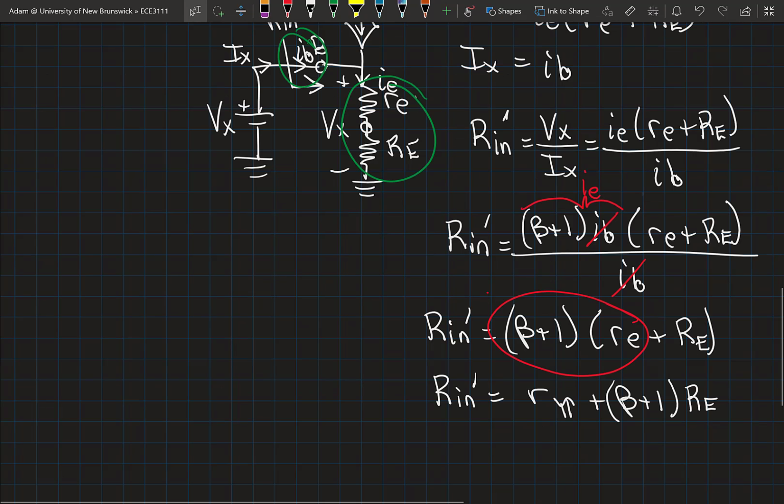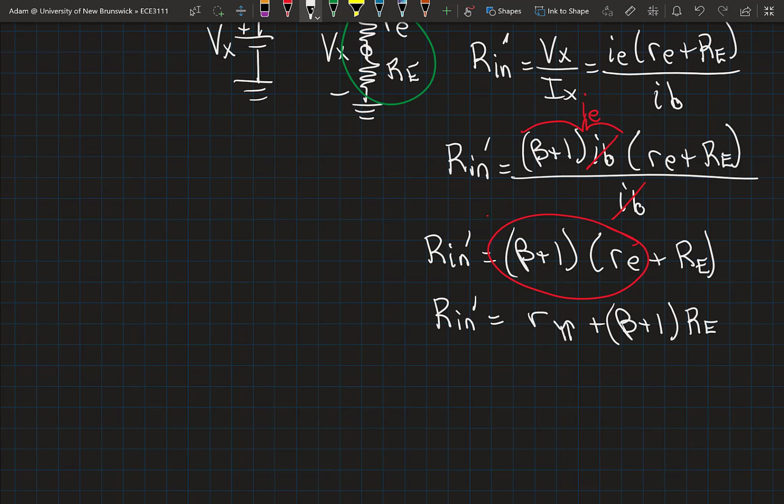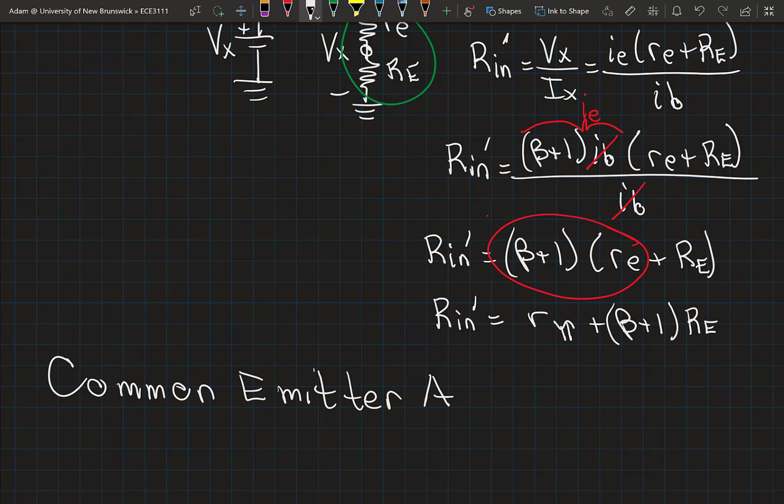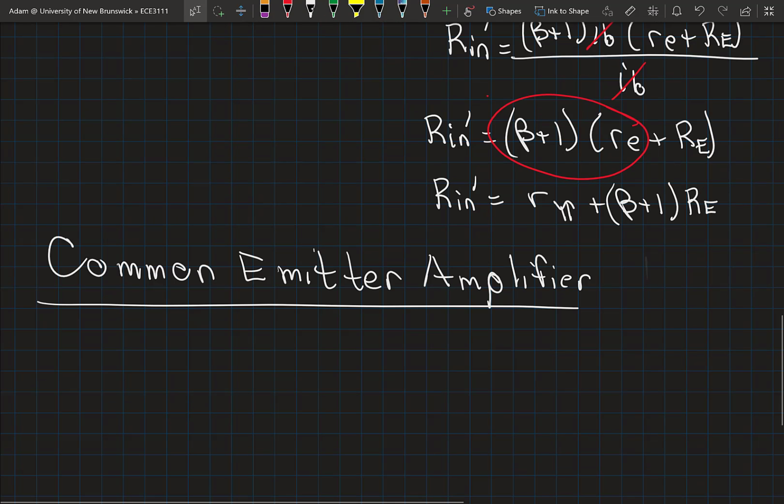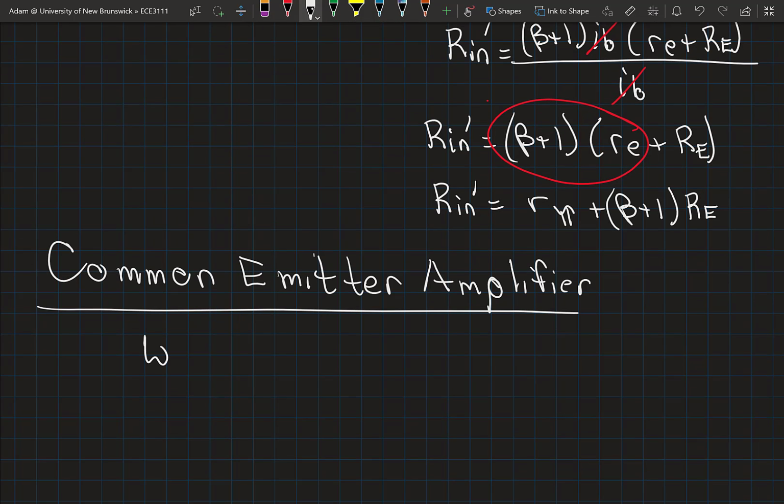Okay, so if we want to summarize our classic common emitter amplifier configuration, we might summarize in two instances: when we have an RE, or when there's no RE, so RE is bypassed.